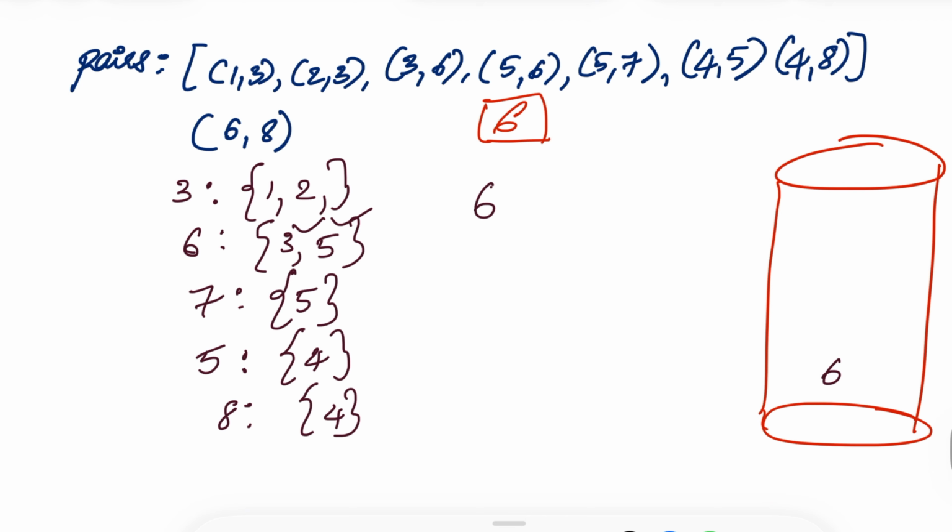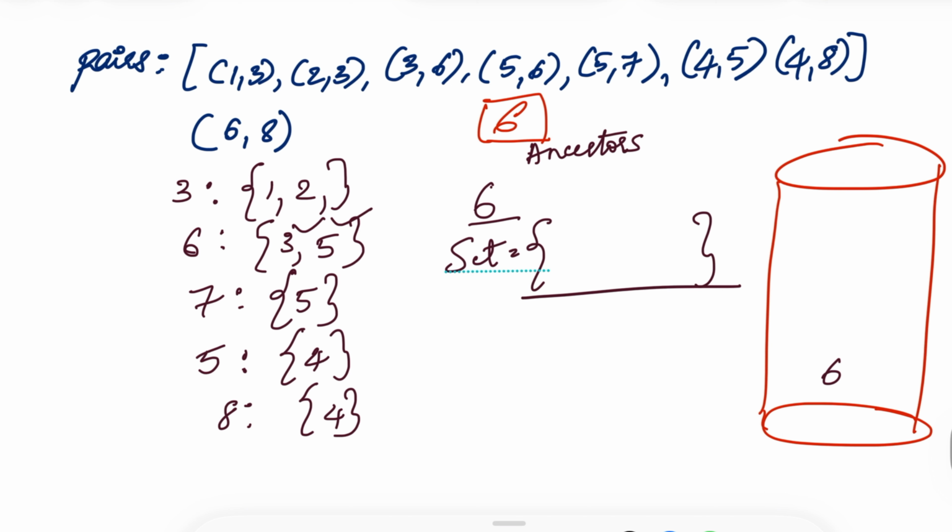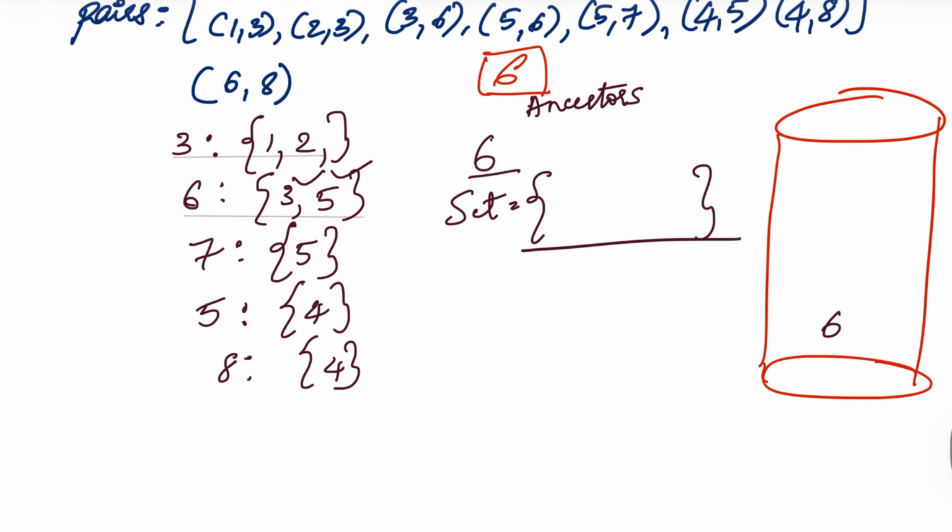Okay. So actually before this, let me create a data structure, ancestors, which will be a set. It will hold all the ancestors of 6. So at the beginning it will be empty. Why a set? Because we'll also use it to check if we have visited a node more than once.